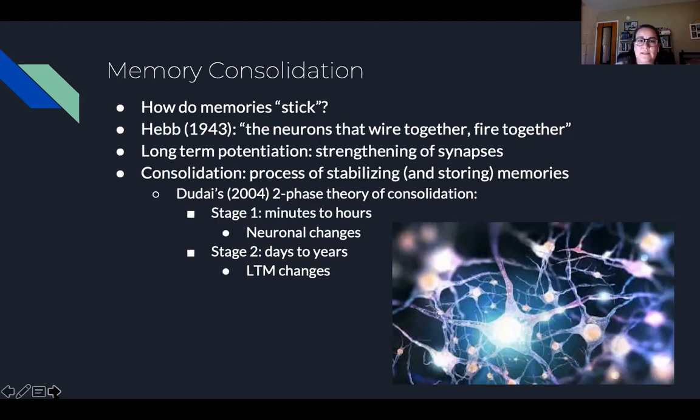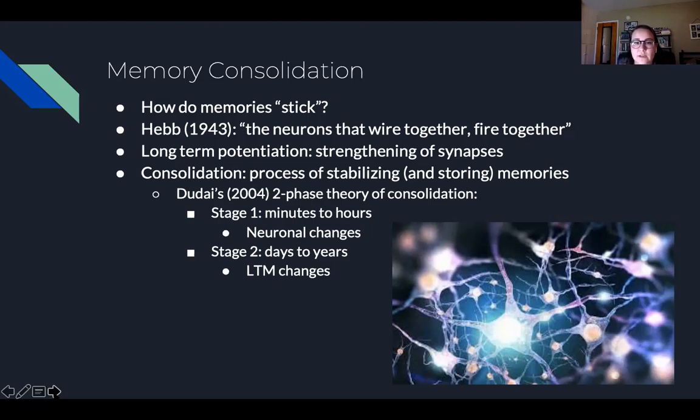And there's this idea that there are two stages or two phases of consolidation that happen. The first stage happens minutes to hours after we've learned something. So there's this initial consolidation process, this initial gathering up of materials and putting them into the file folders to then be transferred into the filing cabinet.